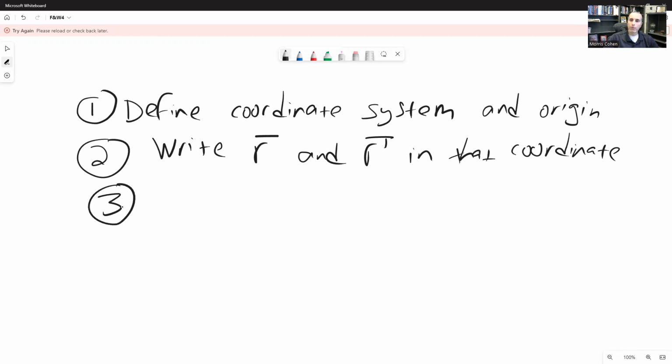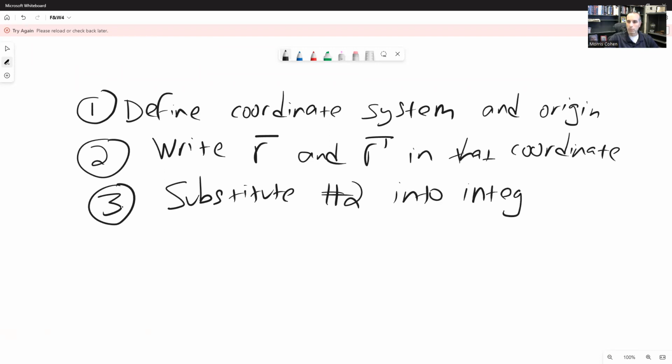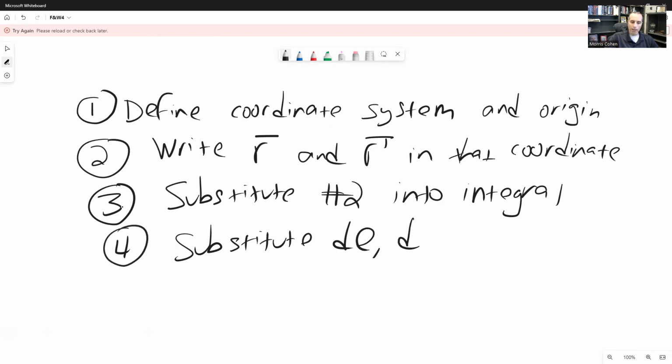Number three is whatever you have determined in number two, your expression for r prime and r, substitute that into the integral. So substitute these results into the integral. All right, number 4 is based on your coordinate system, you want to substitute your dl, your ds, or your dv accordingly, largely depending on which coordinate system you selected.